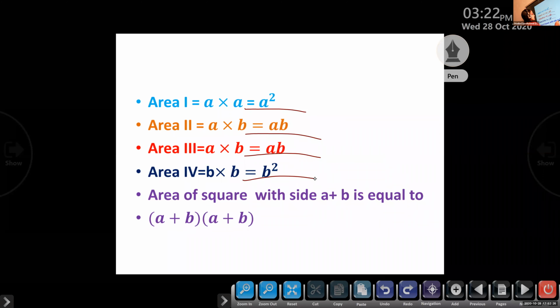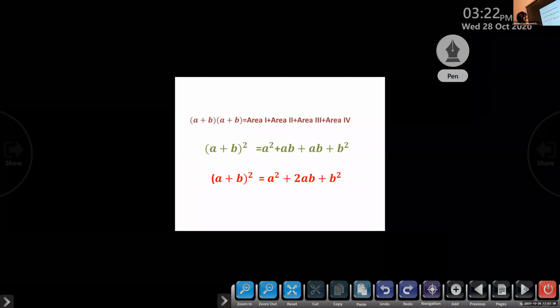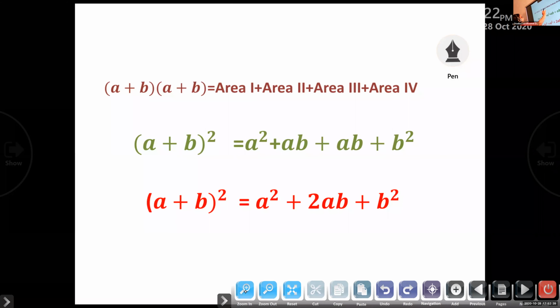The area of the square with side a plus b is (a plus b) into (a plus b), which we can write as (a plus b) the whole square. So (a plus b) whole square will be equal to area 1 plus area 2 plus area 3 plus area 4. Am I right? Yes, ma'am. Area 1 is a square, area 2 is ab, area 3 is ab, and area 4 is b square.